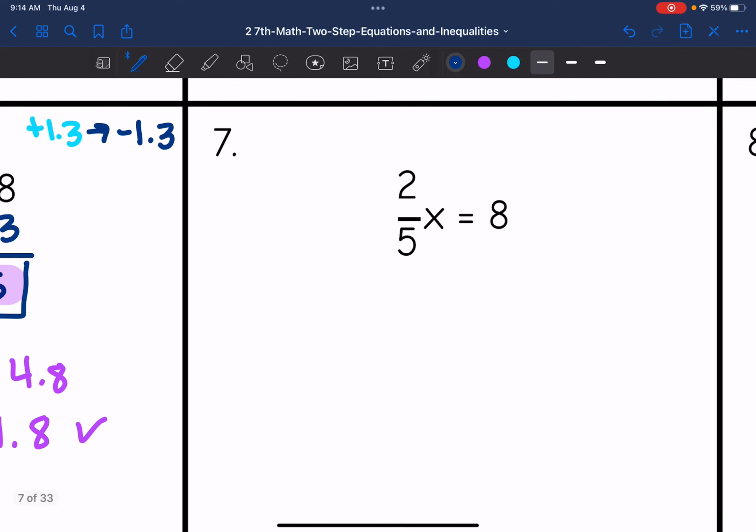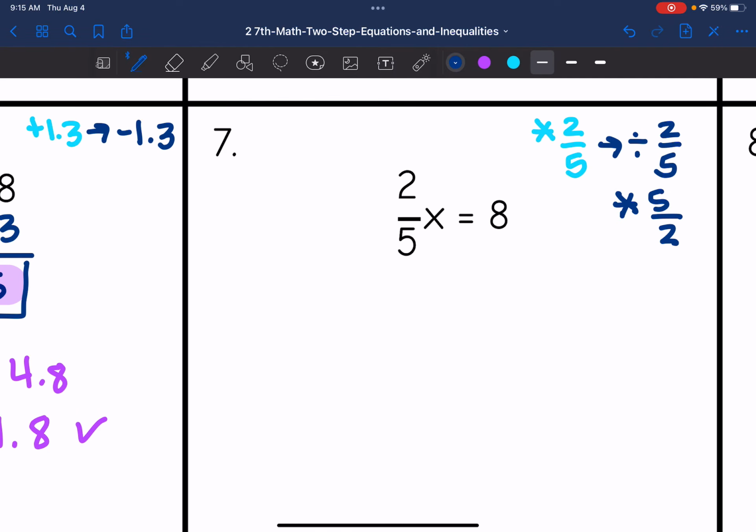Okay, number 7, I have a fraction times x equals 8. So I am multiplying by 2/5. So I need to divide by 2/5. And remember, to divide fractions, we can multiply by the opposite or reciprocal instead.